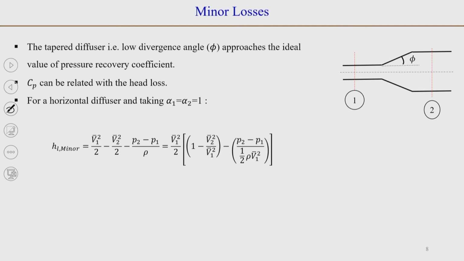So, if you write the minor losses for a horizontal diffuser, Z1 will be equal to Z2, and that will be equal to V1 squared minus V2 squared by 2.